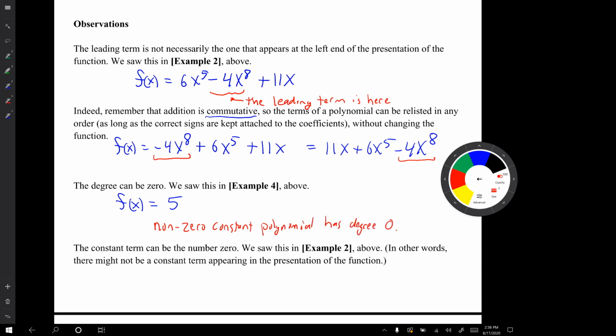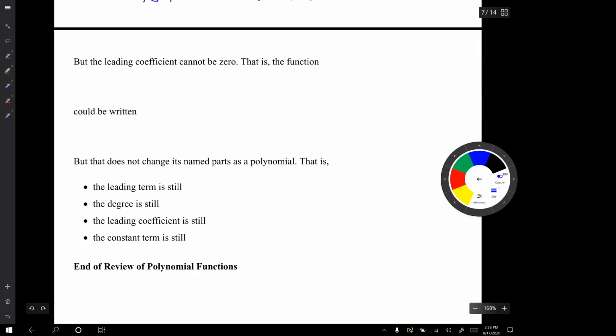Now, the constant term can be the number 0. That's what we saw in example 2 above. Again, this function has a constant term that's the number 0. But the leading coefficient cannot be 0. That is, the function from example 2, for instance, could be rewritten in the following way.